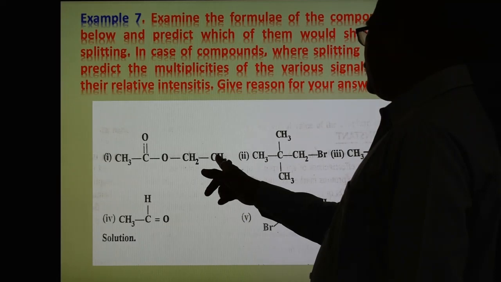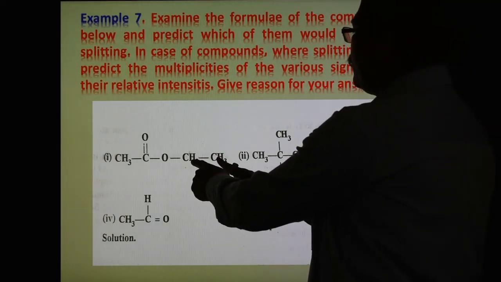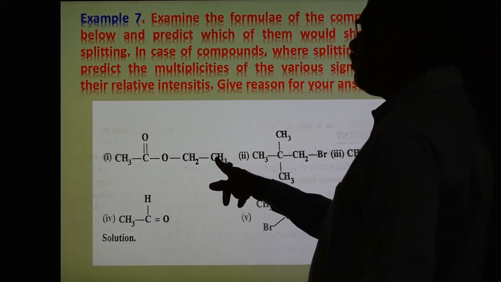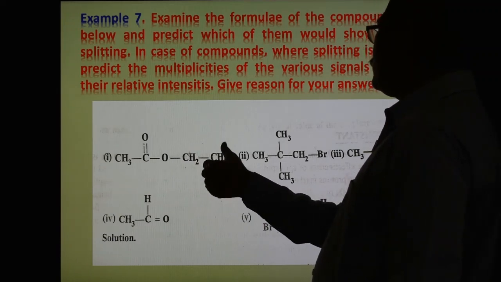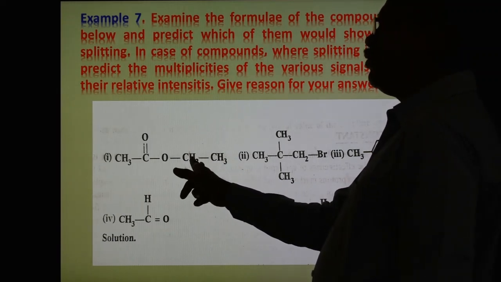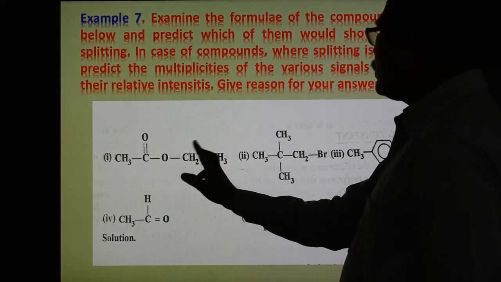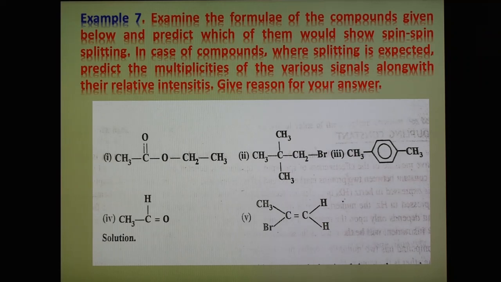This methyl proton's surrounding adjacent protons are 2, plus 1 is 3. So for CH3 a triplet is there due to CH2, and for this CH2 there are 3 protons, so 3 plus 1 is 4, a quartet is there for CH2 due to the CH3 group. So these two protons show the spin splitting, but the other CH3 has no proton on the adjacent atom, therefore it shows a singlet, and there is no splitting.